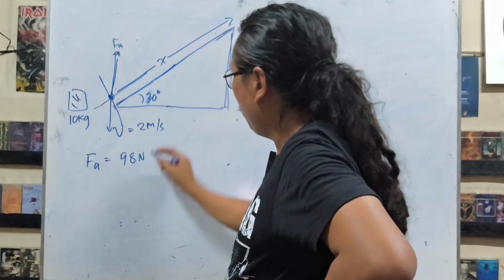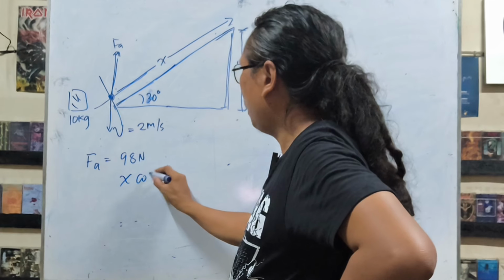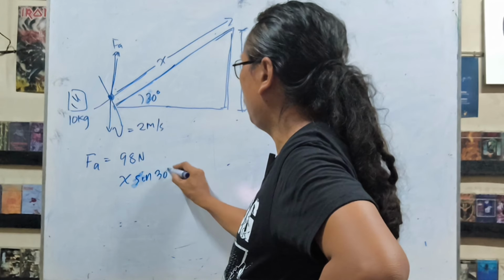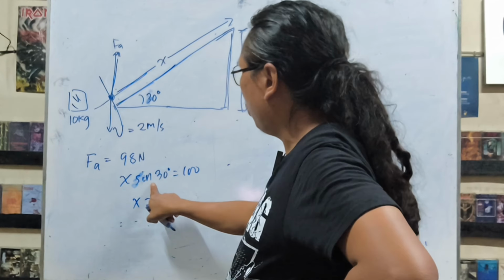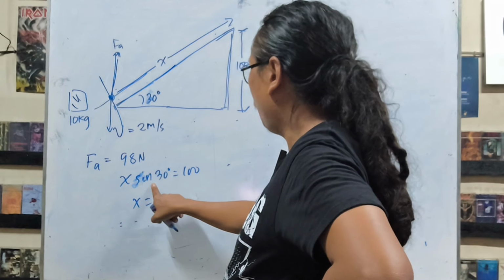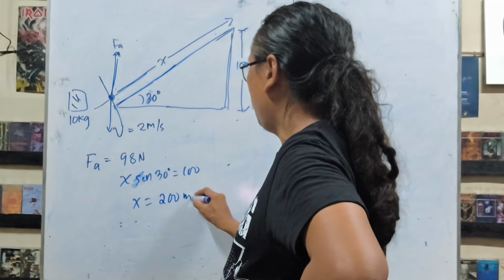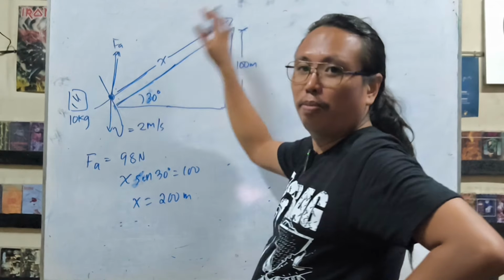Using trigonometry, x sine of 30 degrees equals 100. So x is equal to, well, sine of 30 is 1/2, so 100 over 1/2, so x is 200 meters. So this is my distance to be traveled, my displacement.